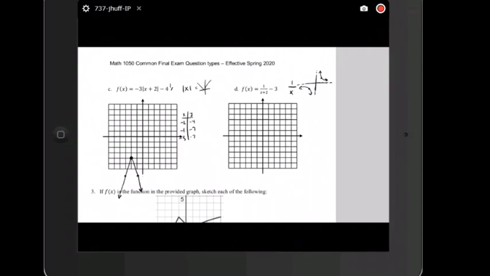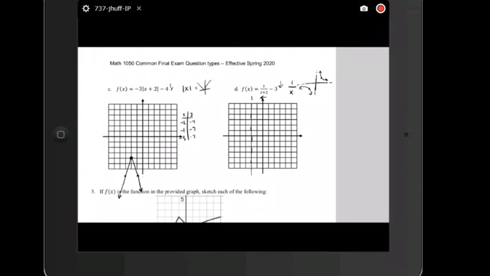So everything's going to be moved and translated based on the following transformation. So we've got a -3, which is outside the function, so that's going to move it down 3 units as a vertical transformation. We have a +2 there, which is inside the function, so that's going to move it to the left 2 units. So our vertical asymptote is going to be moved to the left to -2.